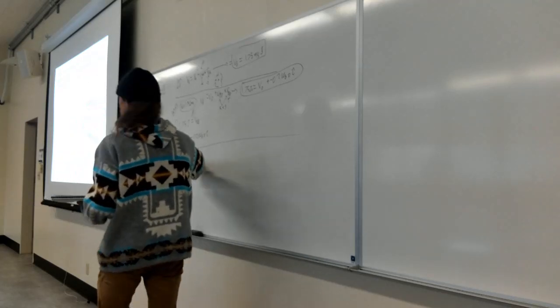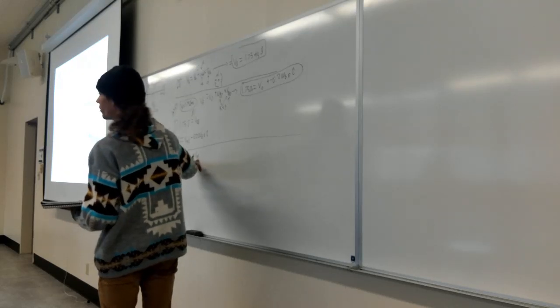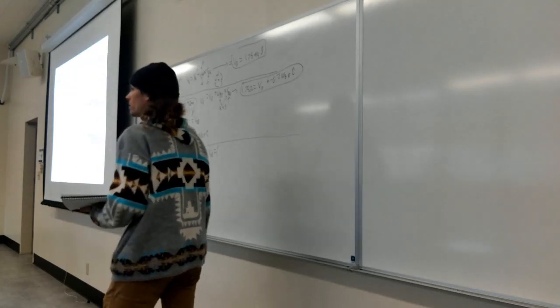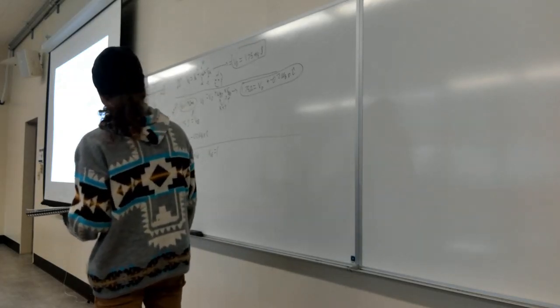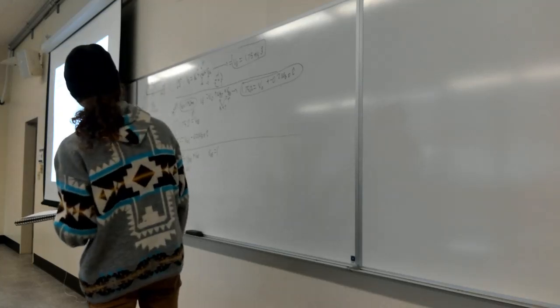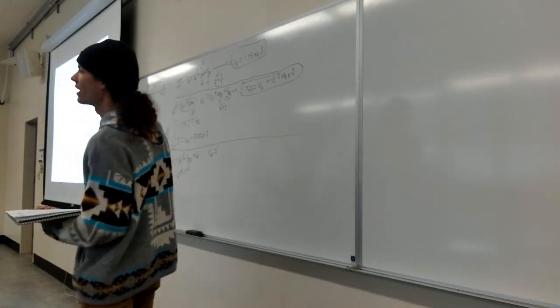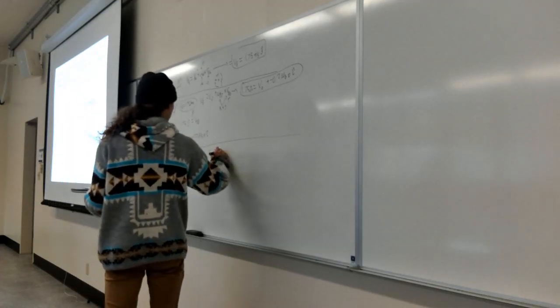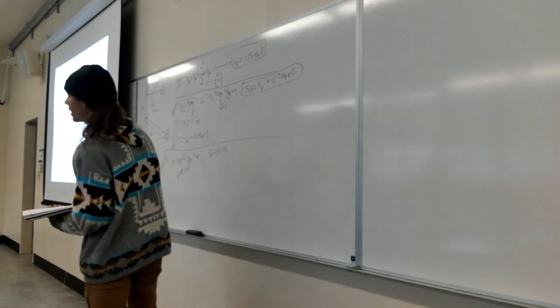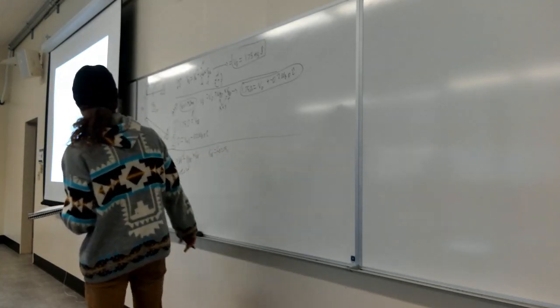And then for this guy, we need to find out what RDE is. Does anyone know what RDE is in this case? What's the i hat term? Negative 0.275. Yeah, negative 0.275. And then the j term is just 0.075, right?